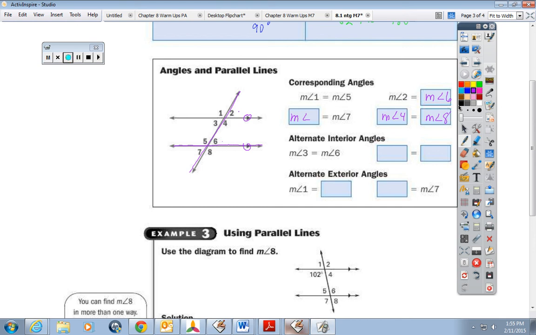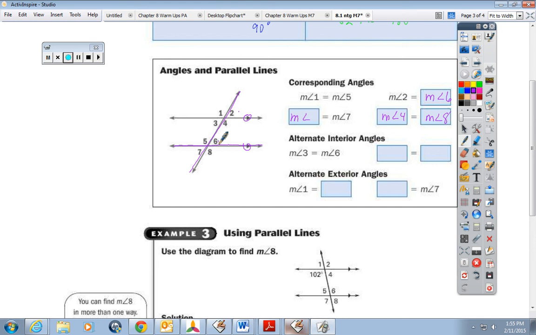Now alternate interior angles. So if you look here, the measure of angle 3, which is here, is also going to equal the opposite. So angle 3 and angle 2 are going to match, which means angle 3 and angle 6 are going to match. So the measure of angle 3 is also going to match the opposite of it.